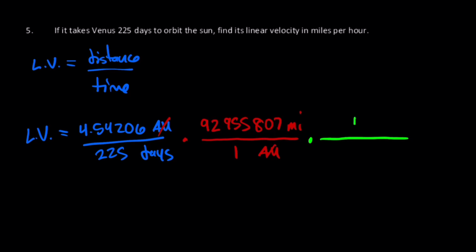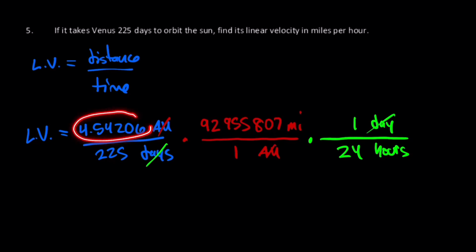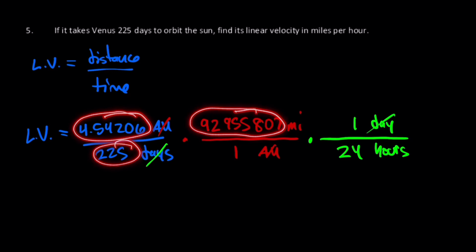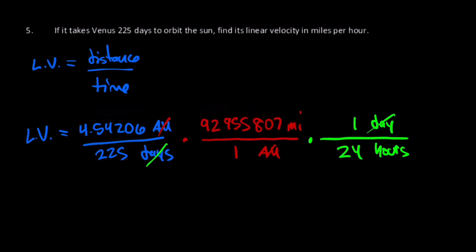So I've got 1 day here, and then obviously 24 hours. And the days will cancel, and what we have to do now is finally multiply that times this, divided by this, times that. So you can create a fraction if you want. Just make sure if you put both of these in the denominator, use parentheses. I'm going to let you guys do your own calculations. But for a linear velocity to the nearest mile per hour, I got 78,187 mph.